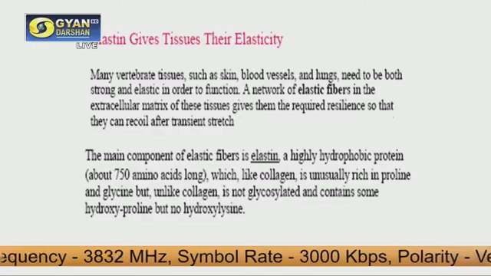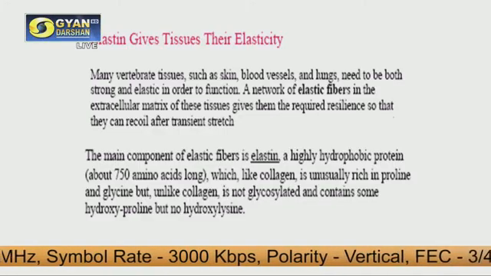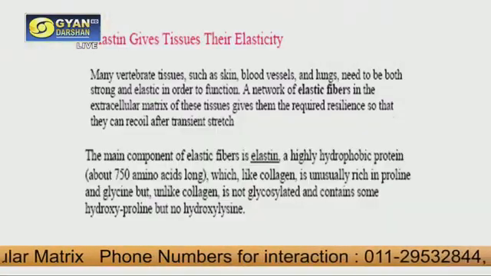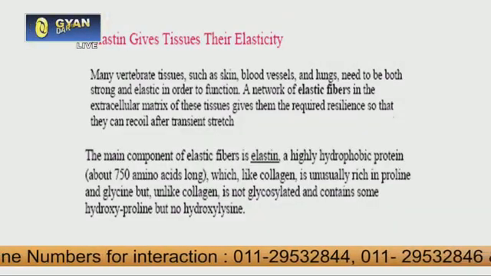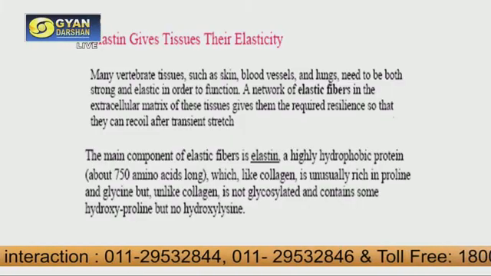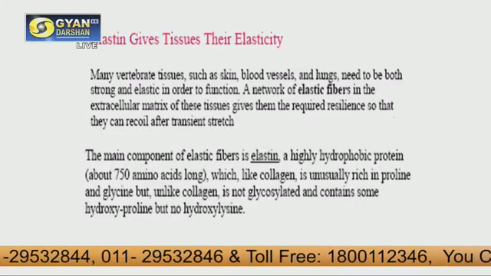Now in this context, I would mention that when we studied the collagen molecule, we discussed that they have proline, hydroxyproline and glycine. Another thing you should note is they may also have hydroxylysine. But when you talk about elastin, if somebody asks you what is the difference between elastin and collagen, what is the similarity?